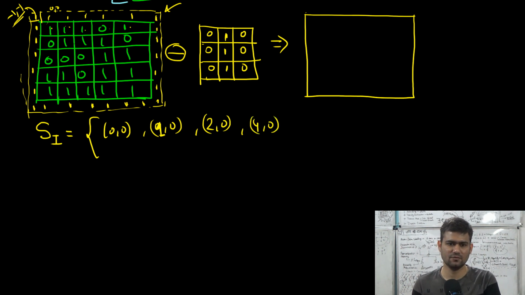Similarly, we have 1, 1. Here we have 1, 2. We have 3, 1. Then we have 3, 2 and 4, 2.